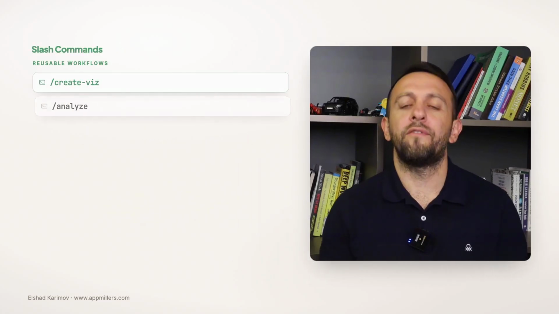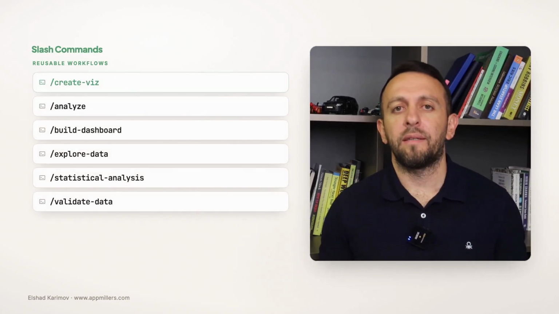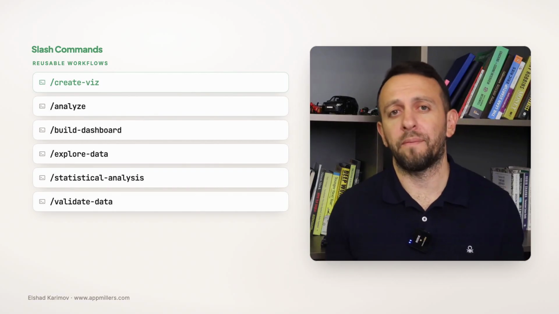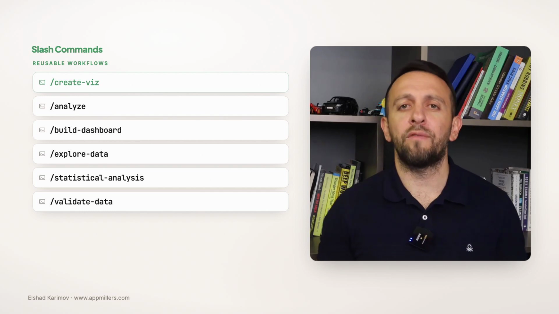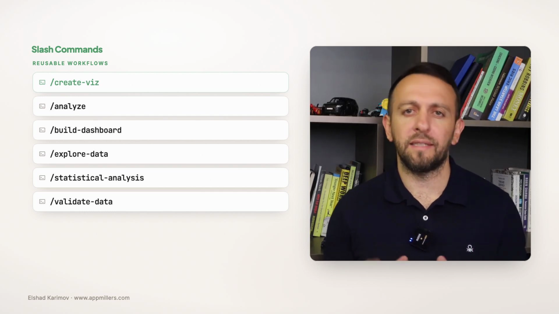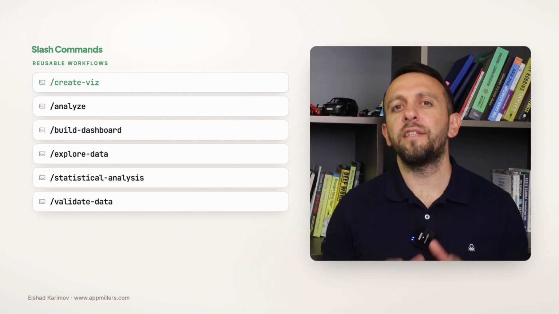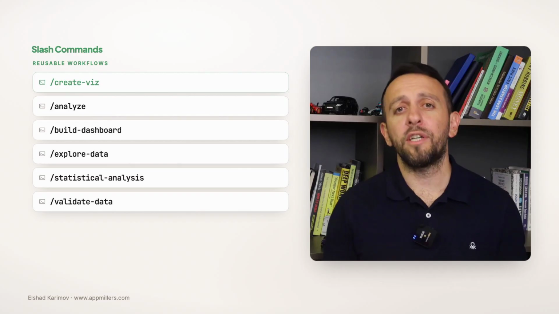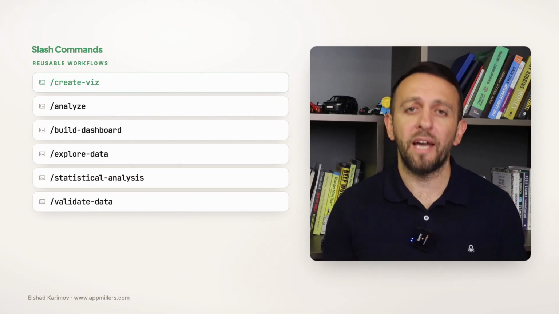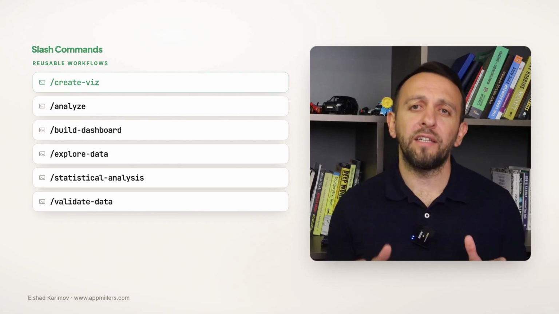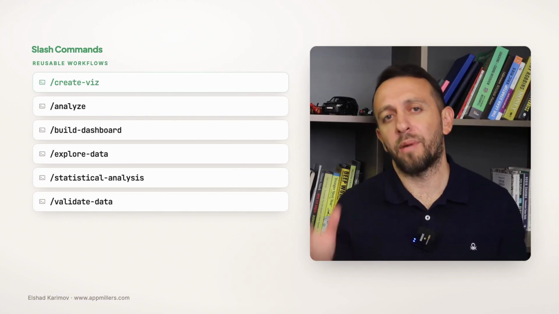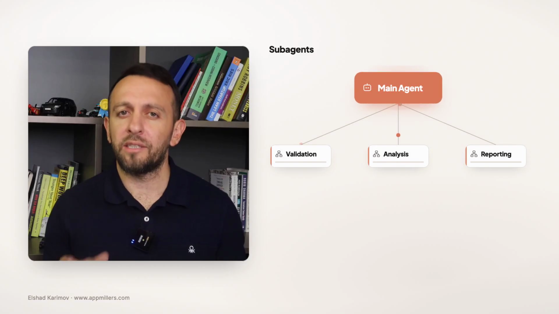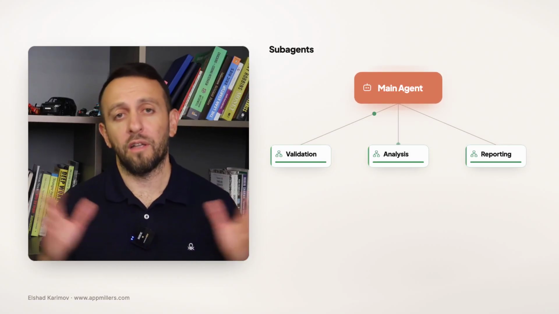Third, you have slash commands. These are reusable workflows you can launch very quickly. For example, create a visualization, analyze this dataset, generate a report, build a financial model, or create a LinkedIn post in my writing style. And finally, you can have sub-agents. These are specialized agents that can execute different parts of larger tasks.